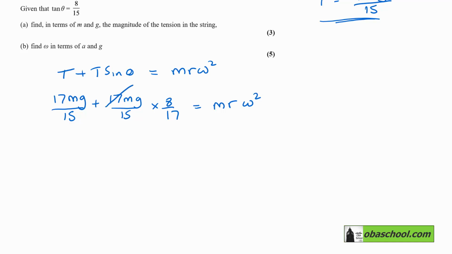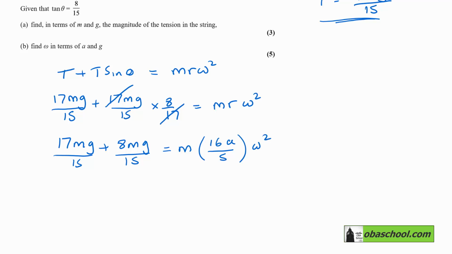Let's do some simplifying here. So those will cancel out there. So we have 17mg over 15 plus 8mg over 15 is equal to m. Now we've just said that the radius was 16a over 5, and then we have omega squared.